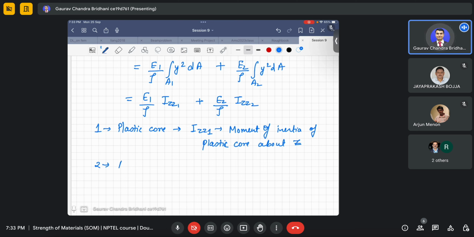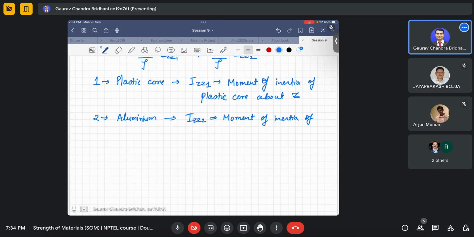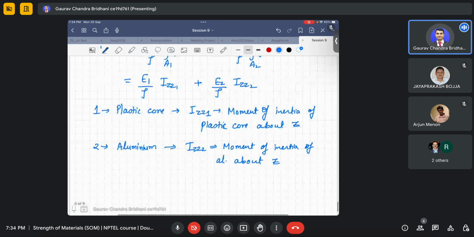If 2 is aluminium, what is IZZ2? The moment of inertia of aluminium about Z. Okay, so let's find that first.